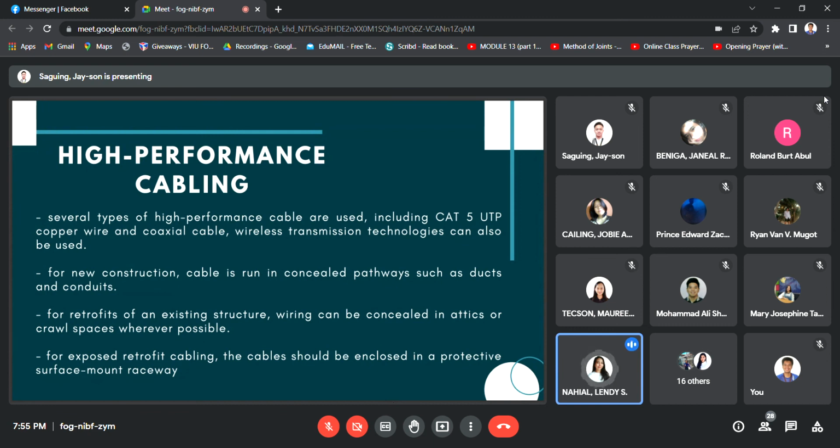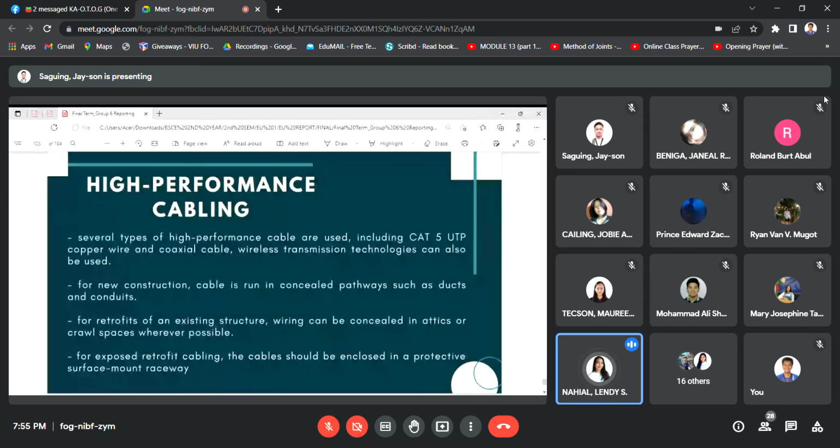For retrofits of an existing structure, wiring can be concealed in attics or crawl spaces wherever possible. For exposed retrofit cabling, the cables should be enclosed in a protective surface mount raceway. And that's all for the advanced home wiring system and wiring system components.